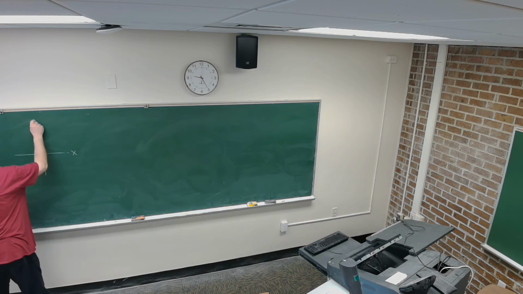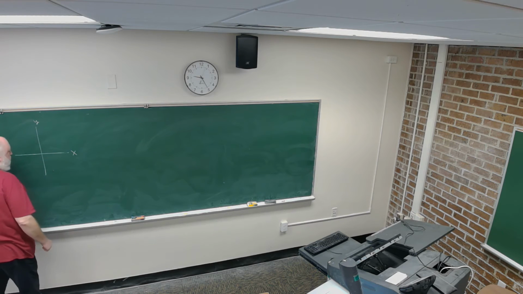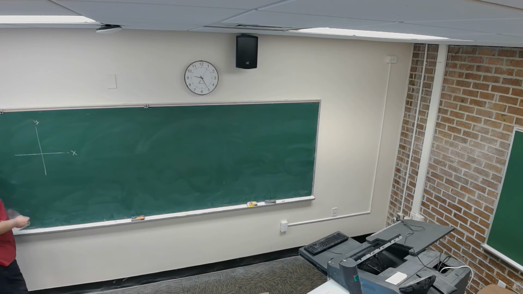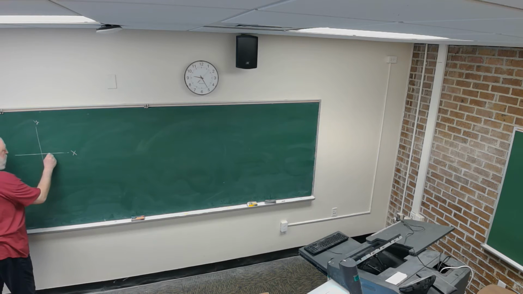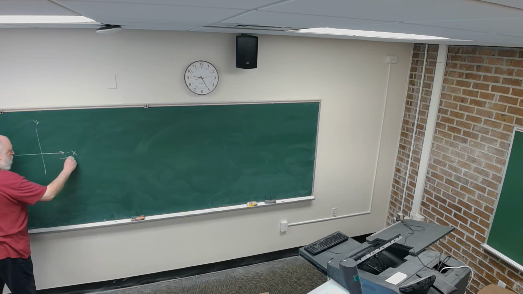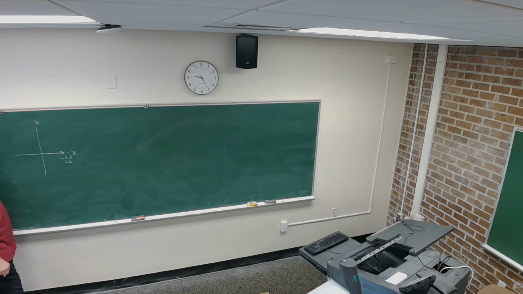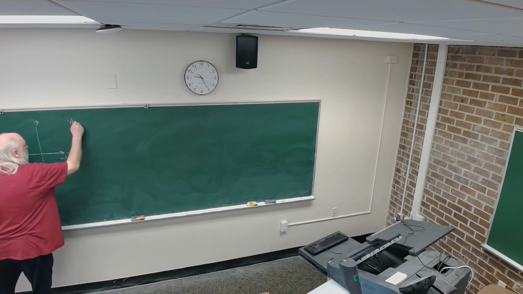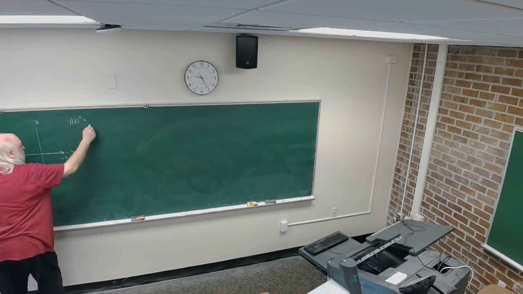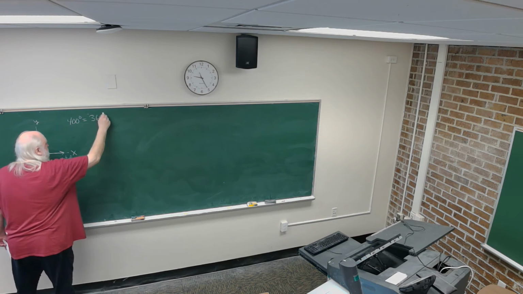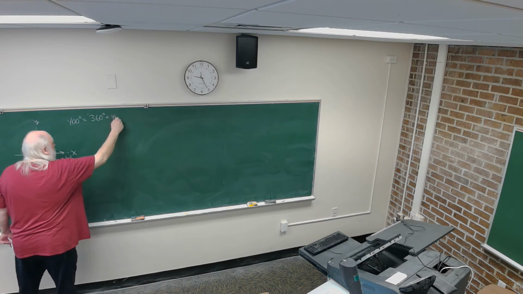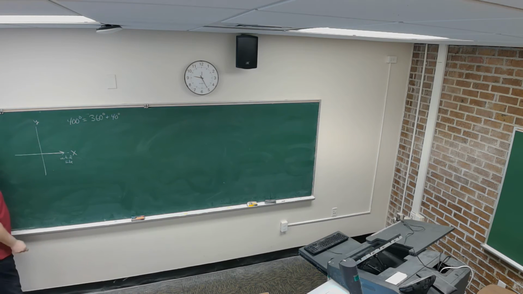So we'll draw it in standard position, right? So you know the initial side coincides with the positive x-axis. And so to draw the angle 400 degrees, that's 360 degrees plus 40 degrees, right?